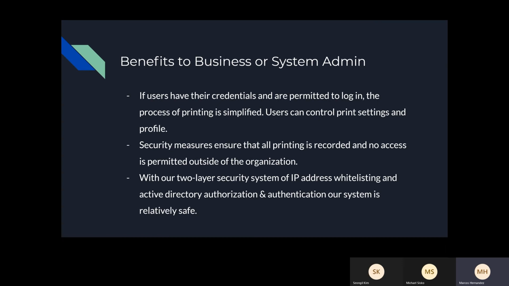So there's no need to worry about suspicious IP addresses. If someone has a suspicious IP address and wants to connect to the web print, the admin or the web print will not allow this person to connect, and it keeps everything safe. You can look at all the information and who requested to print a file.